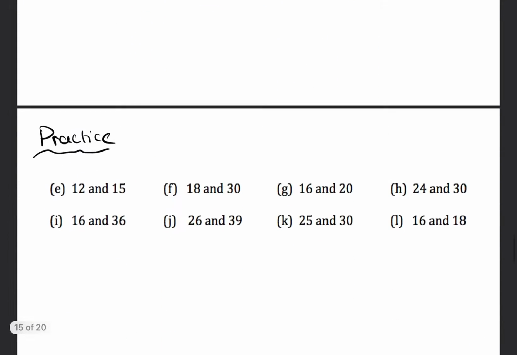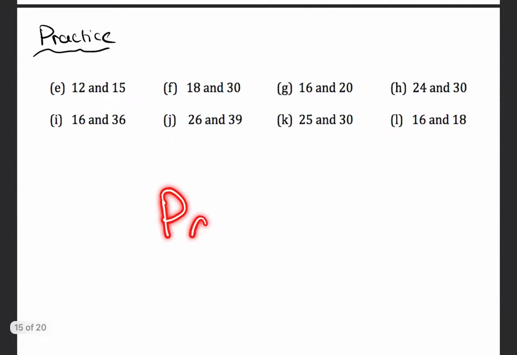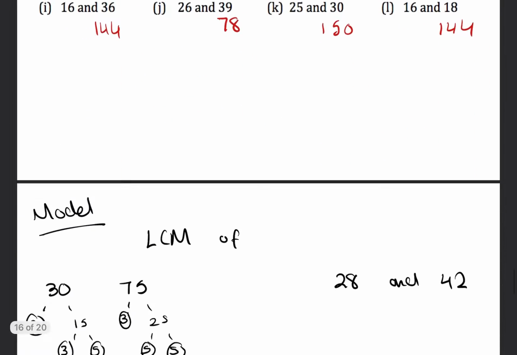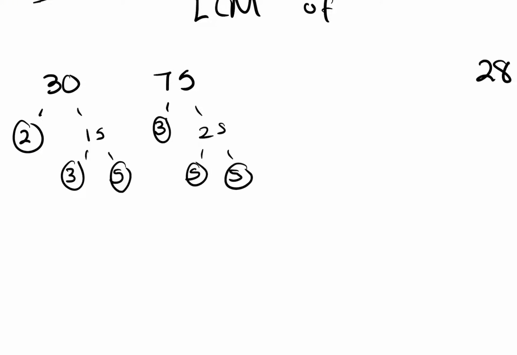Great. Have some practice questions. Okay, pause the video here. Pause, and then 3, 2, 1. Okay, the answers. What happens here is some more trickier examples. Well, highest common factor first. What's in common? So we've got 3, 3, 5, 5, and what's left over? 5 and 2.